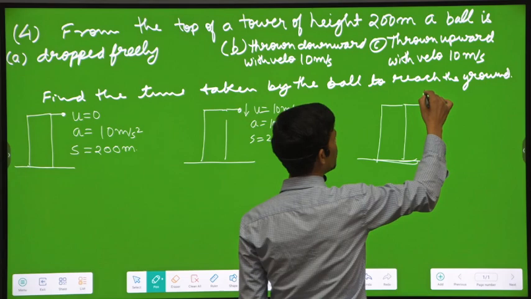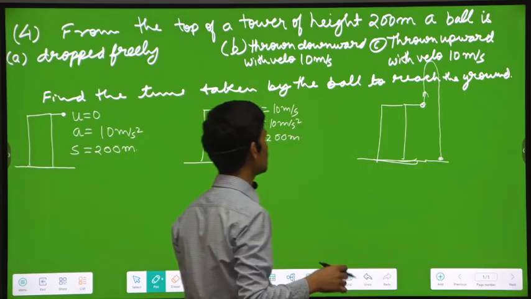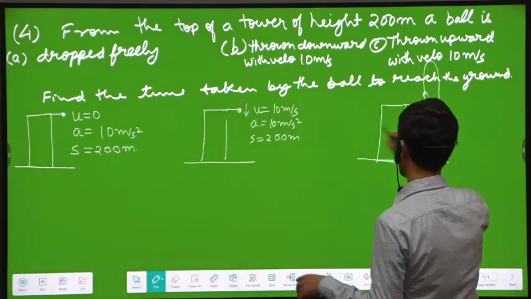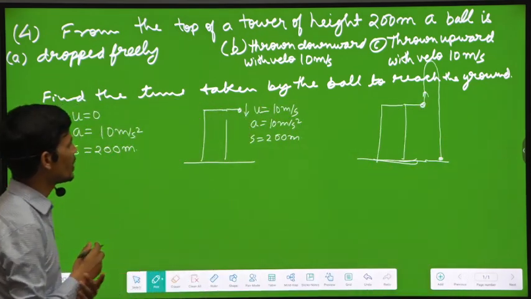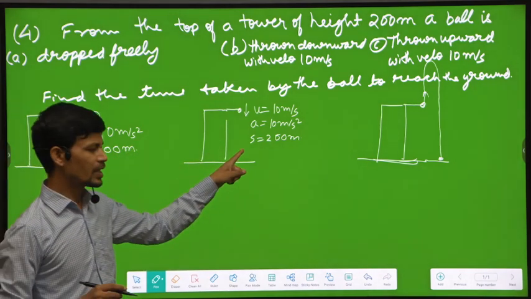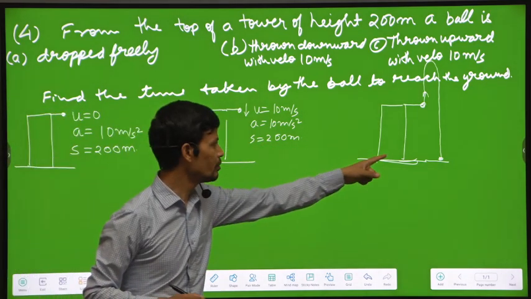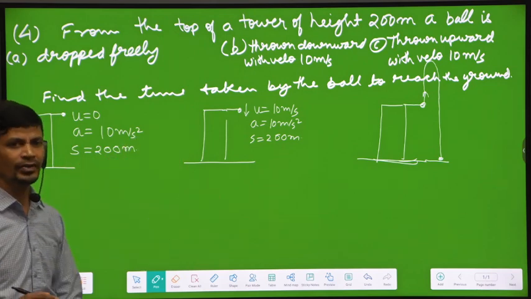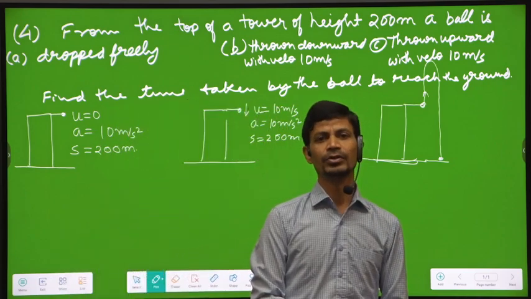It will go upward and will come back and then fall on the ground. So clearly, intuitively we can see that this will take lesser time, this will take more time, and it will take time in between both of them. Just we can say this thing intuitively.